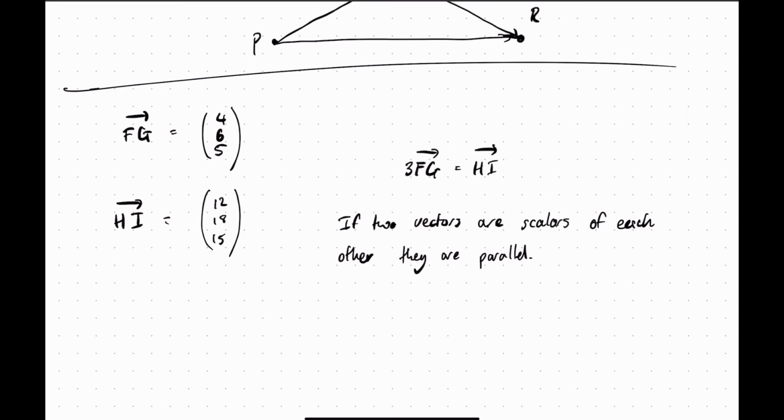Okay, so scalars are fine. What else could you tell me about FG and HI? They're parallel. Is there another relationship? Well, I don't know if it's really considered a gradient when it's in 3 dimensions, but same angle.